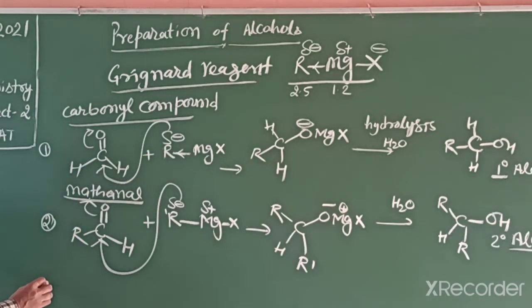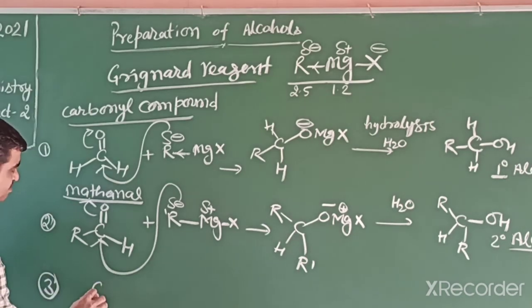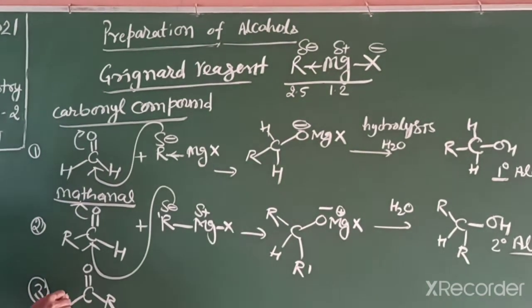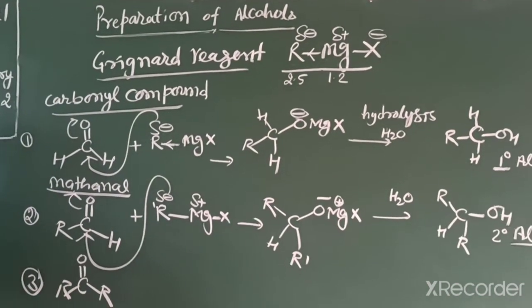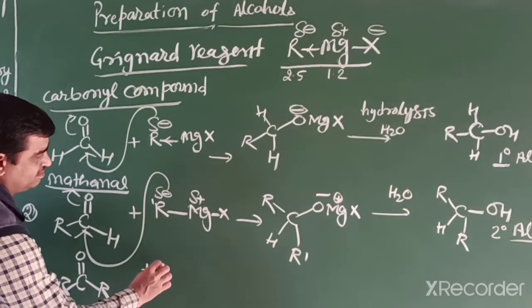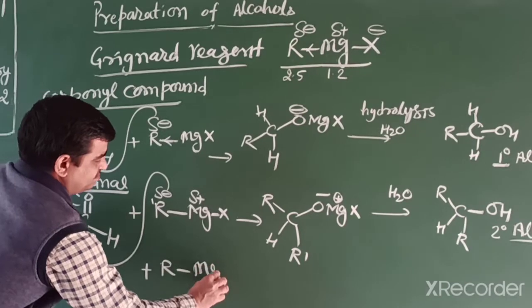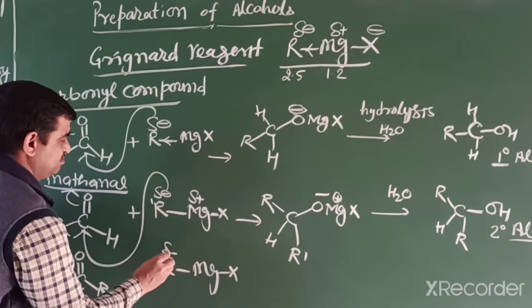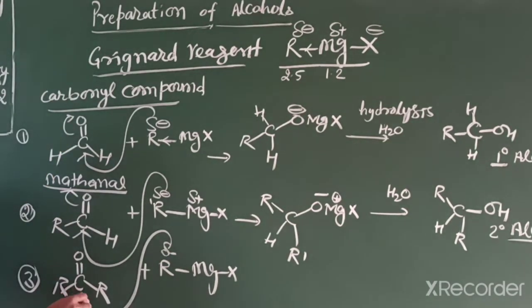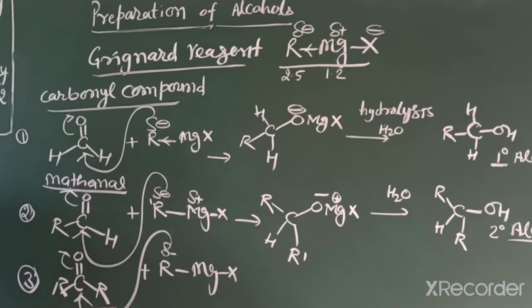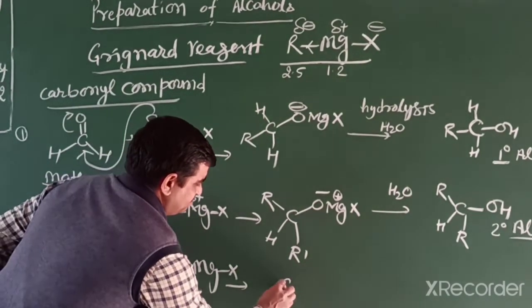If we use a ketone, what happens? In a ketone, both sides R may be the same or different. Then the Grignard reagent RMgX again reacts, with negative charge, so it acts as a nucleophile. Then the pi electrons move towards the oxygen side and the nature changes.